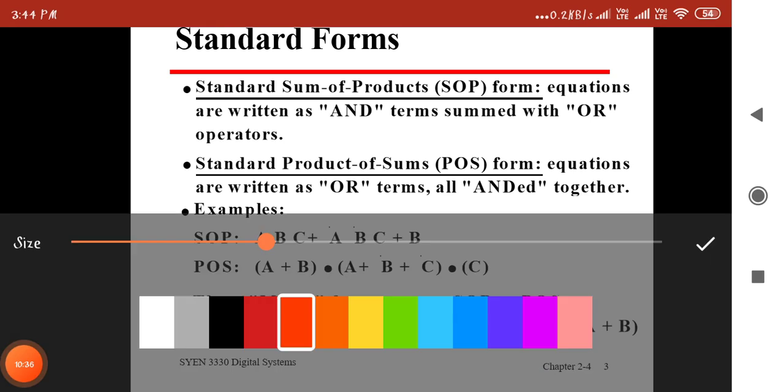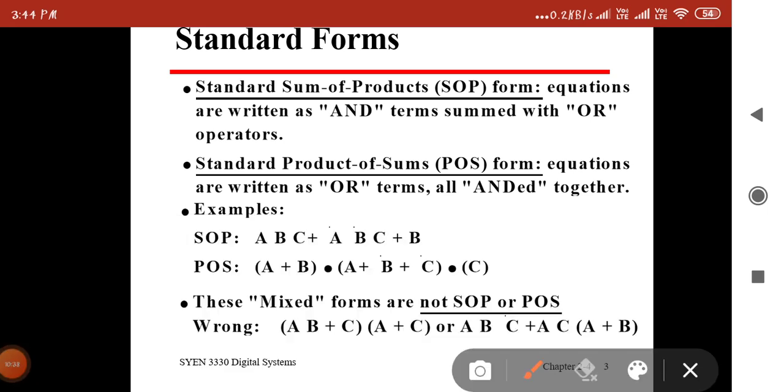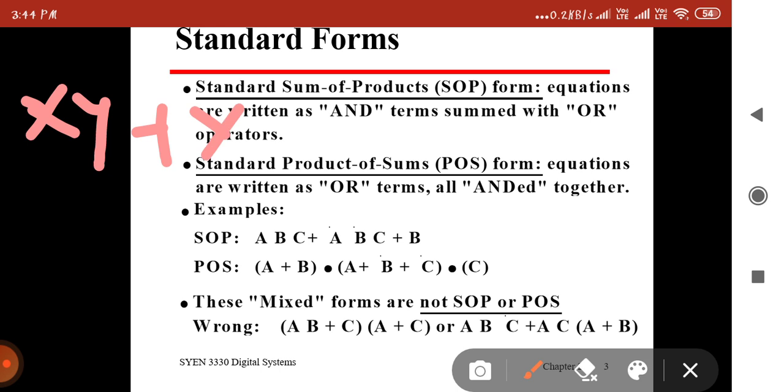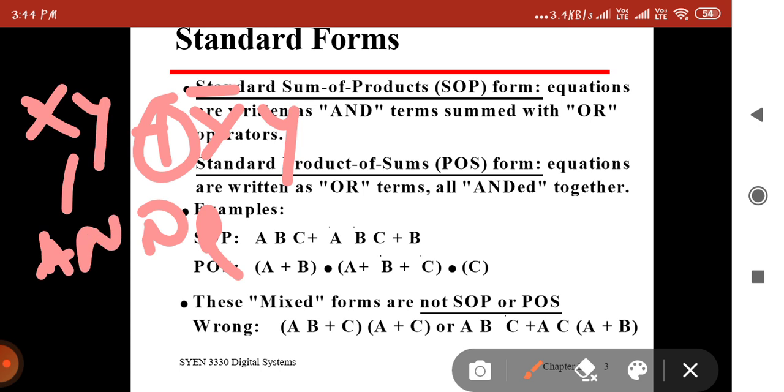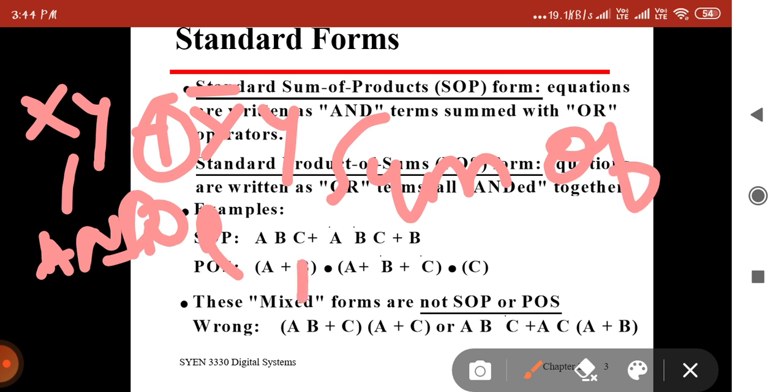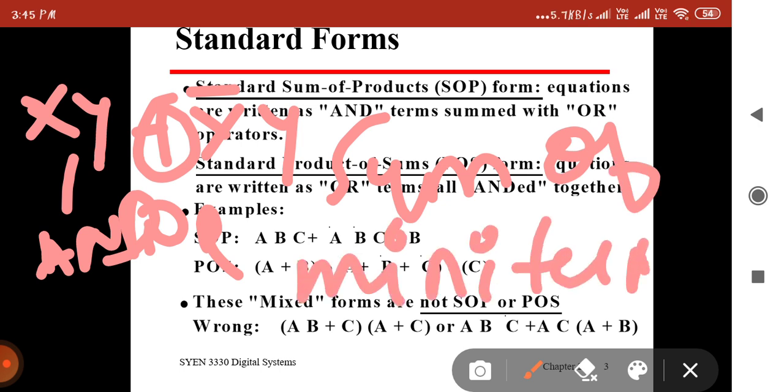Means in the min term it can be used like that. Xy plus x bar y. This is an OR operation. This is an AND operation. Yes, sum of the min terms can be called a SOP.